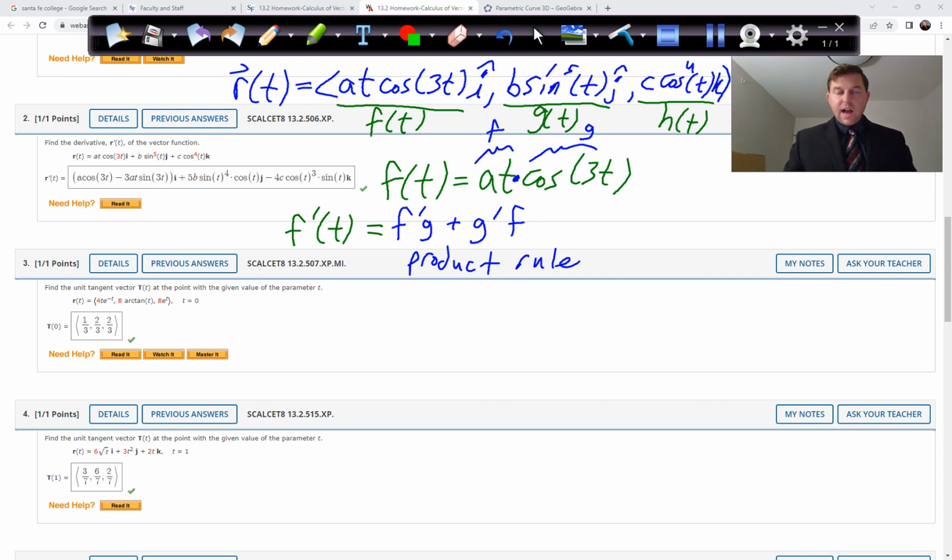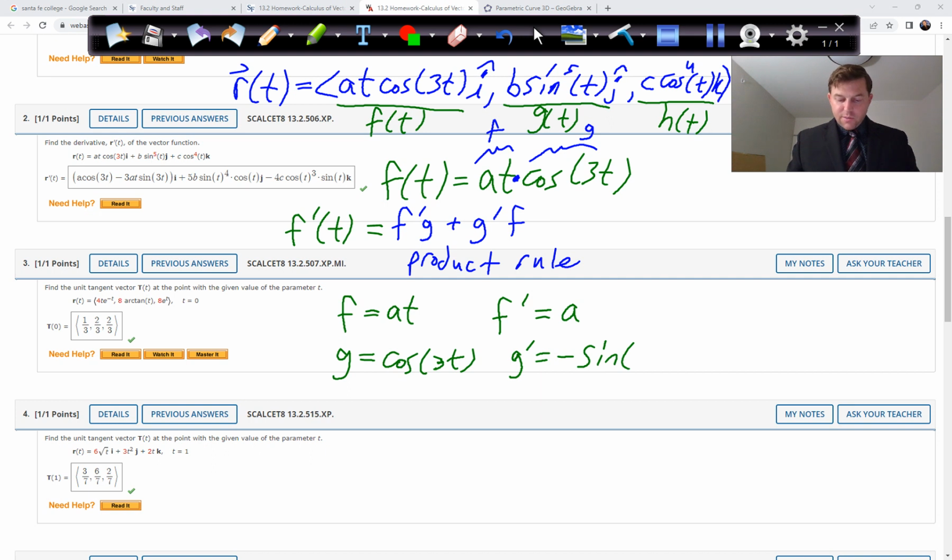So f prime g plus f g prime. But what is little f prime? If little f is at and little g is cosine 3t, so notice I'm just breaking that two functions multiplied into their own functions. f prime is very simple, it's just a. So the t goes away in the derivative and you're left with the letter in front. Now g prime is a little more intense. First you have to think, what's the derivative of cosine? The derivative of cosine is negative sine.